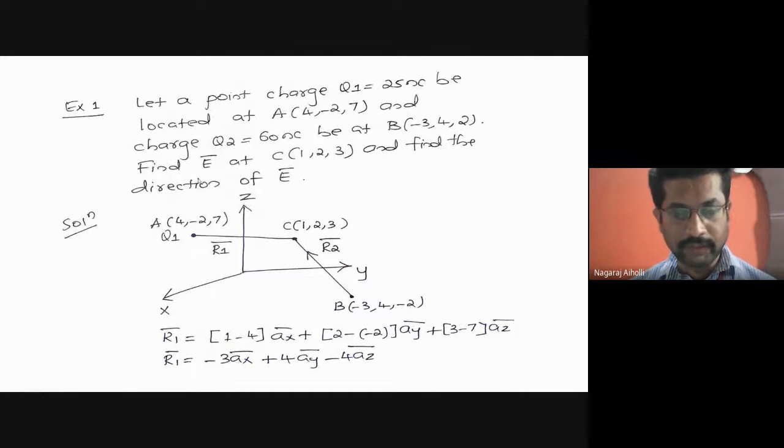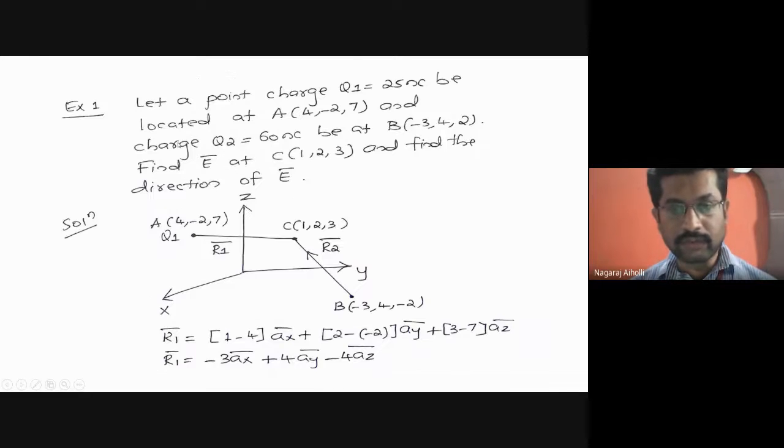Let us calculate the magnitude of that vector R1 bar. That is square root of (-3) square plus 4 square plus (-4) square. That will be 9 plus 16, that is 25, plus 16. That will be 41. So it is root 41. Next, find the R2 vector. That is destination minus source.